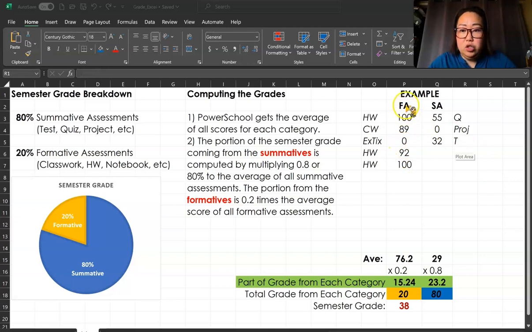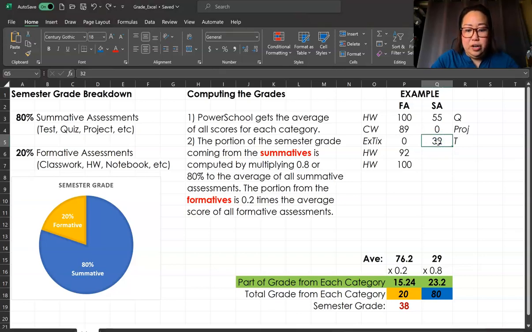Let's say we don't do anything on these formative assessments and just focus on improving the summative assessment grades. As you can see, two of the test scores, that's a test score, this is a quiz score, both of them are Fs. So let's say this student retakes this 32% test, and the new score is now a 60%.